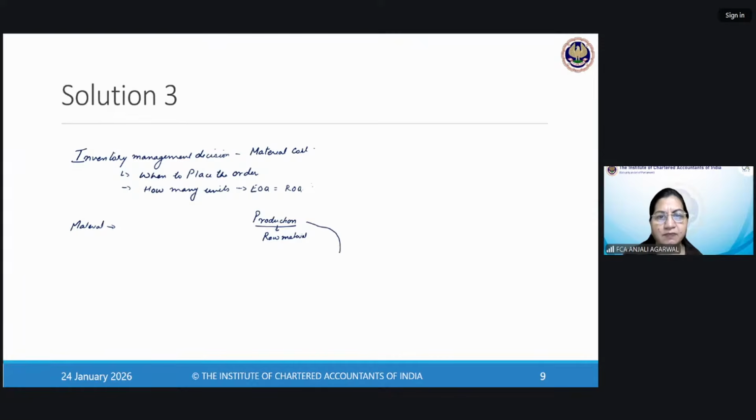So whenever it needs raw material, it makes a request to the stores department, where the raw material is stored. The production department will make a request to the stores department that we need raw material on the factory floor. This request is called a material requisition, a request for material.